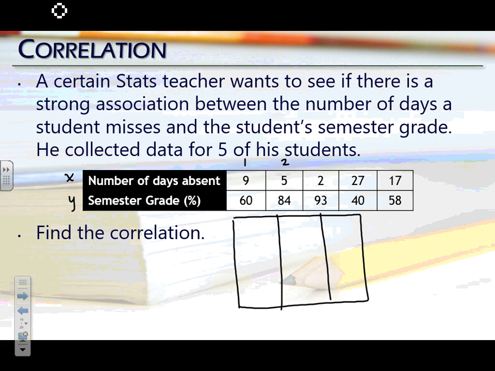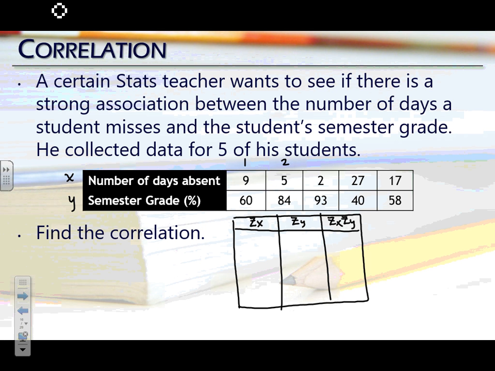Column 1, I keep track of all my z-scores for x. Column 2, I keep track of all my z-scores for y. In column 3, I keep track of the product. So column 1 times column 2. Okay?